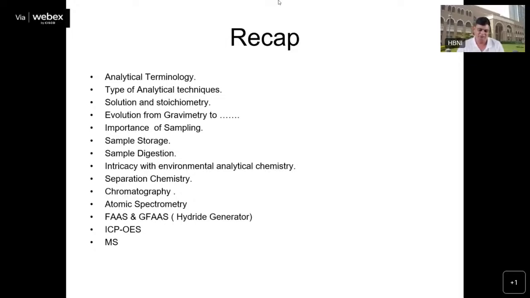Then we have looked at the importance of sampling. Again, I'm telling you, sampling is one of the most crucial parts of analytical chemistry, because if you do not collect your sample properly, or if you make any major errors while collecting a sample, whether your sample is of natural origin, an environmental sample, or even of synthetic origin.